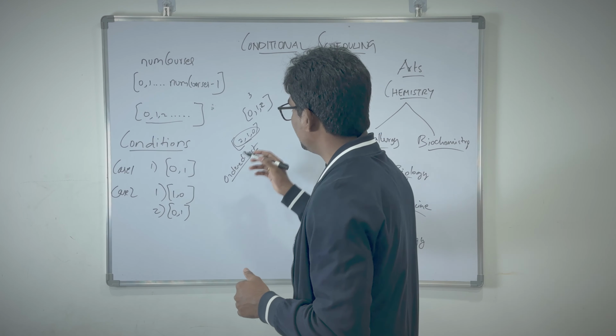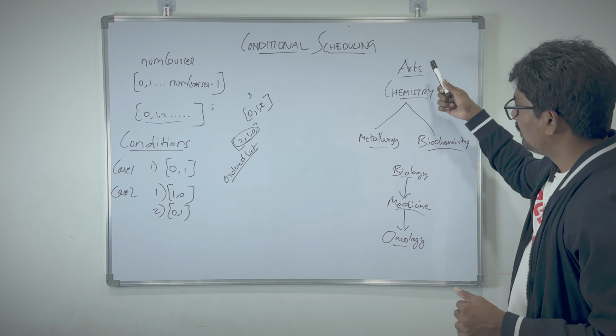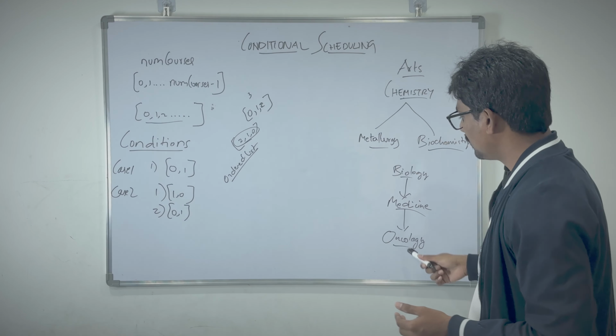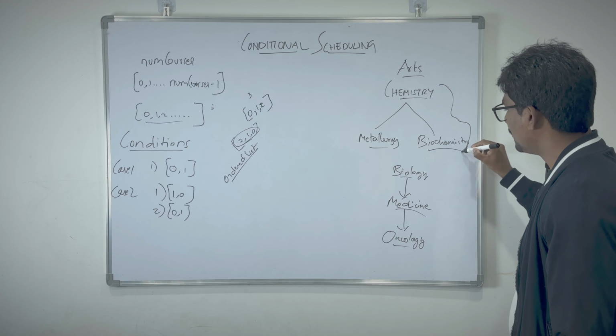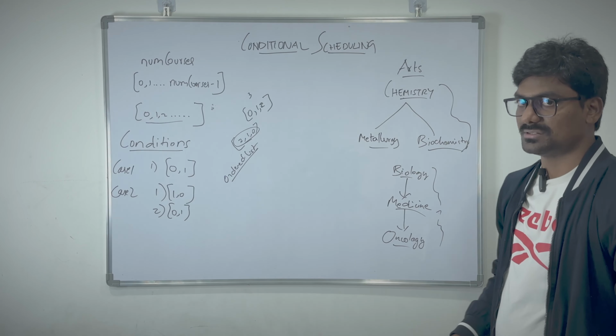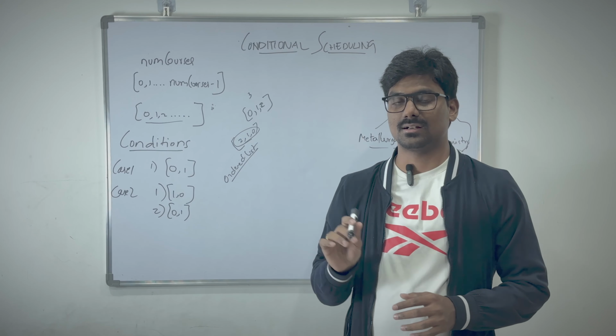Okay, let's say you are given 1, 2, 3, 4, 5, 6, 7 courses. So in these 7 courses I have given you 2 conditions, and here there are another 2 conditions. So total 4 conditions are there in this particular case.